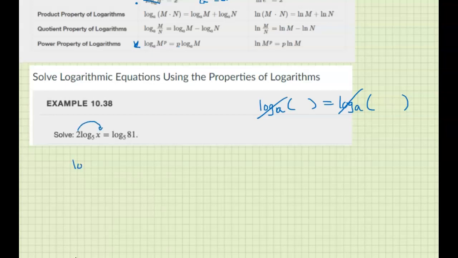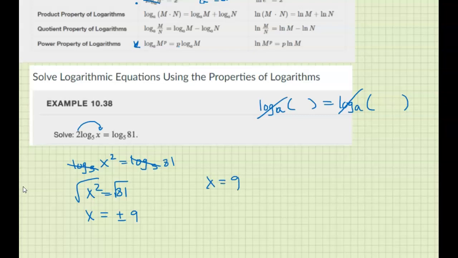So we have log base 5 of x to the 2 equals log base 5 of 81. Now these cancel out because we have the same log on both sides. We have x squared equals 81. Take the square root of both sides, so we get x equals plus or minus 9. All right, so we have two solutions: x equals positive 9 and x equals negative 9.